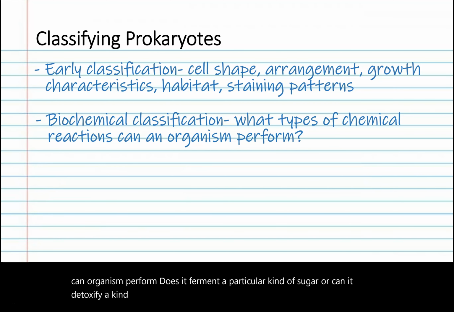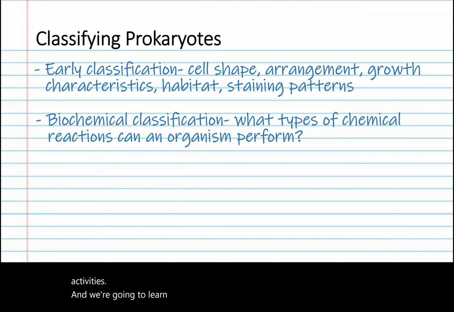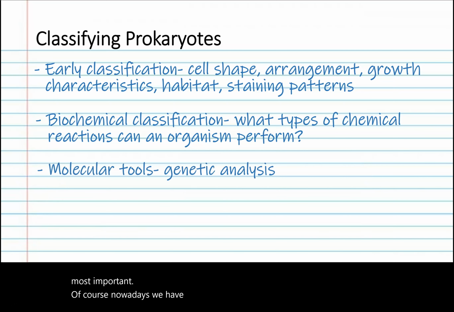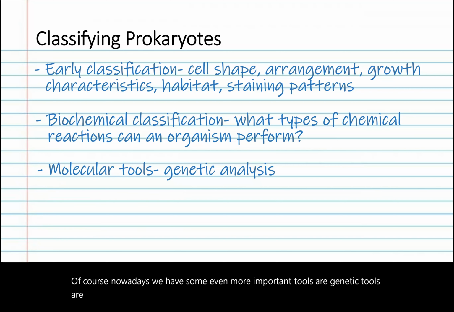So there's lots of different biochemical tools that we use to determine the type of microorganism that we're studying. And we're going to learn about some of those as we go through our lab activities. Of course, nowadays we have some even more important tools, our genetic tools, our molecular tools that allow us to compare DNA sequences of our microorganisms.